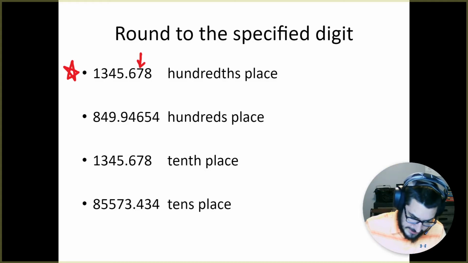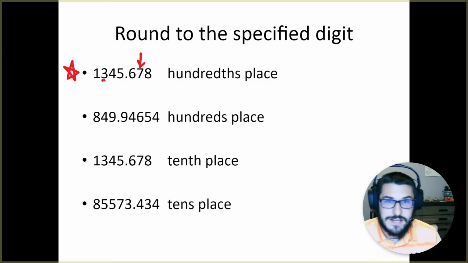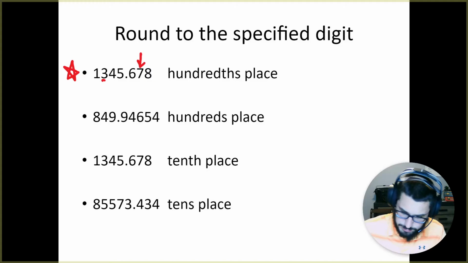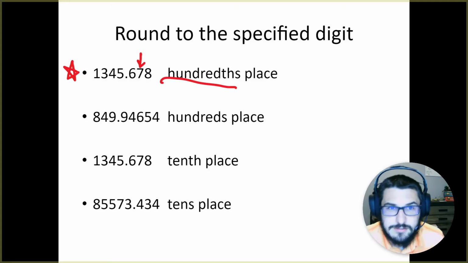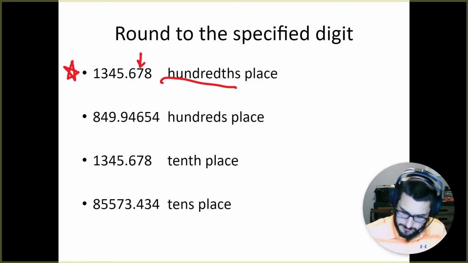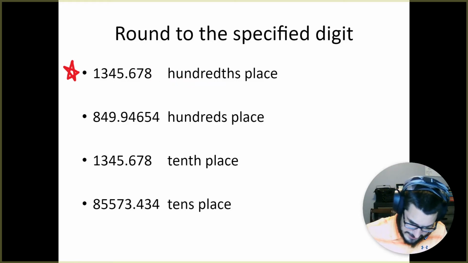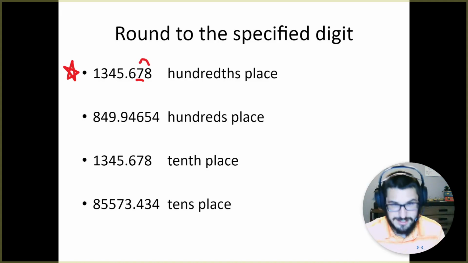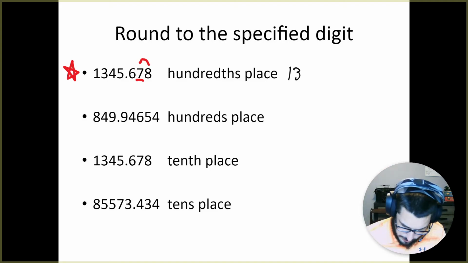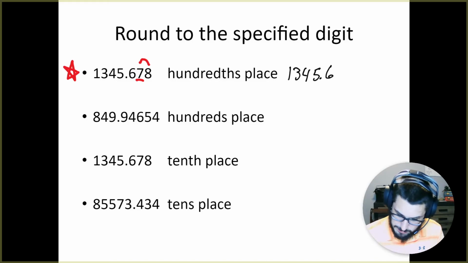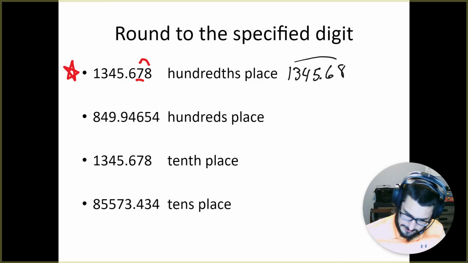The hundred place without the th is that 3, but hundredths is the 7 right here. So if we want to round to this number here, then same thing like we did in the previous video, we take this 8, which is going to round that 7 up. So we'll end up with 1345.6. 7 rounds up to 8.